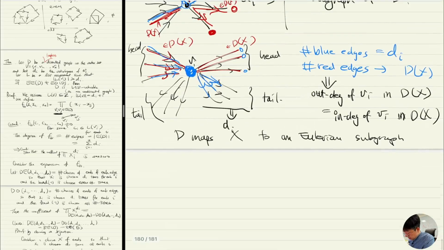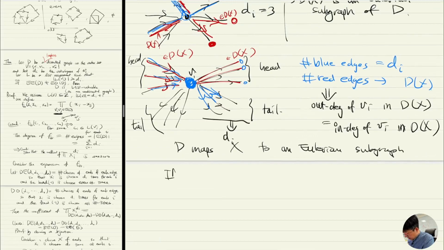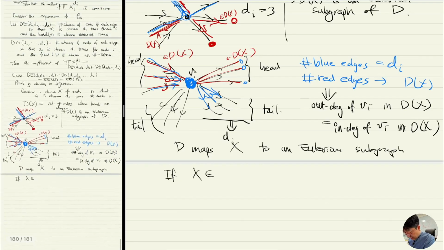And in particular, if X belongs to, what was it, DE, then what does that mean?